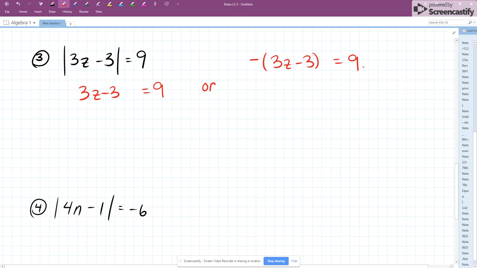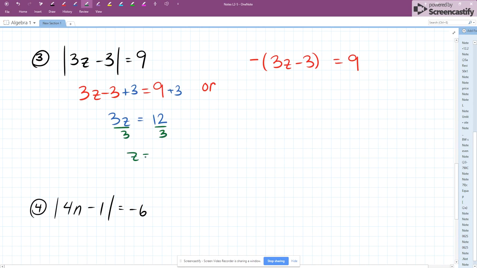If you would solve the left-hand side now, get z by itself. The first step should be to add 3 to make that term go away. And then to solve for z, you would divide by 3.